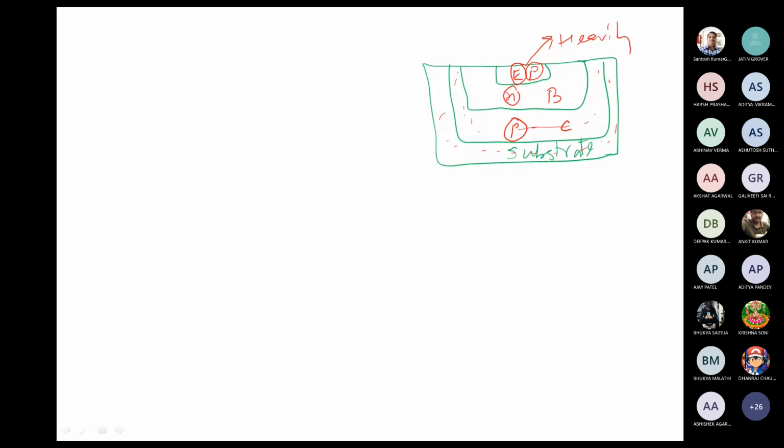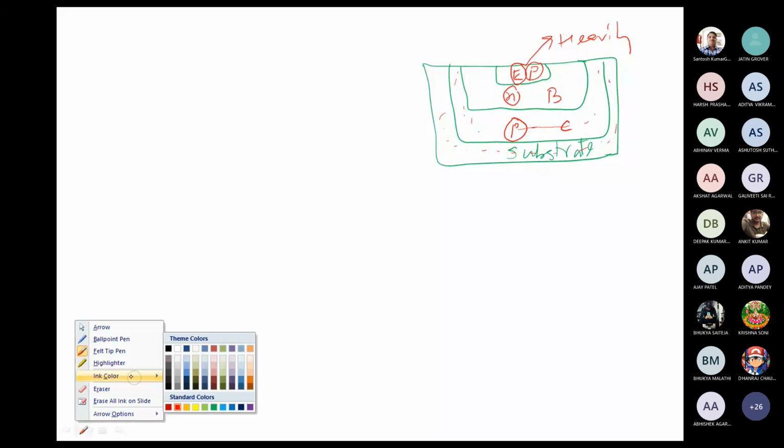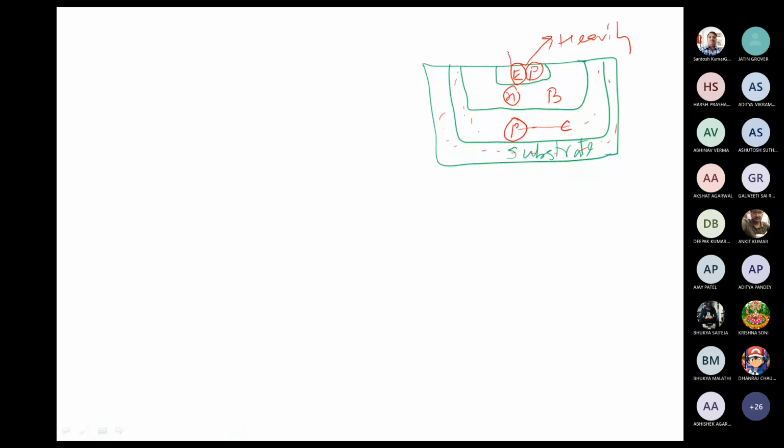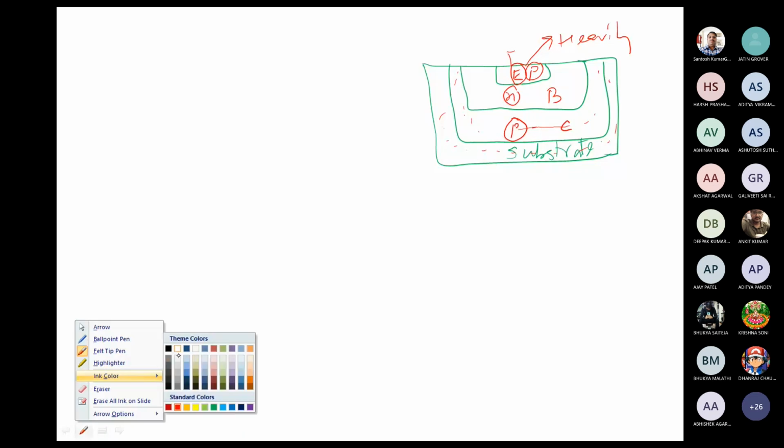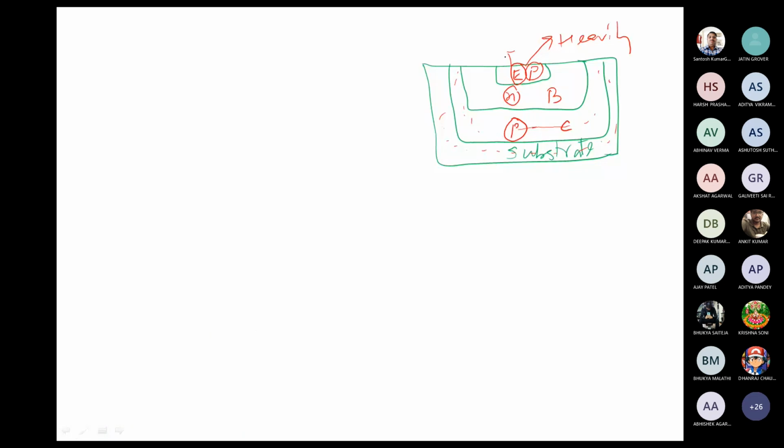Apart from this, we do have something called contacts from these regions, which may also be visible sometimes. So we have here a contact for the emitter.